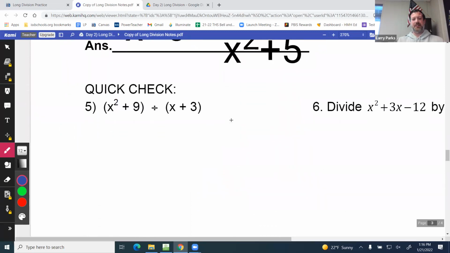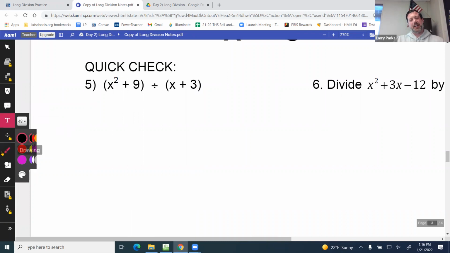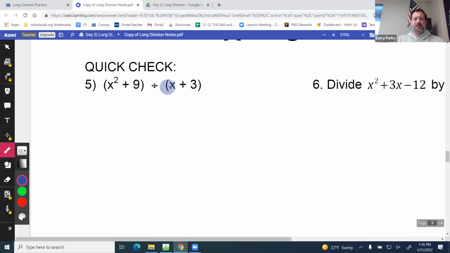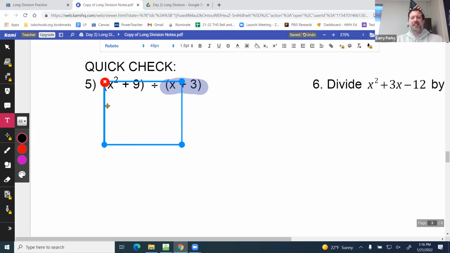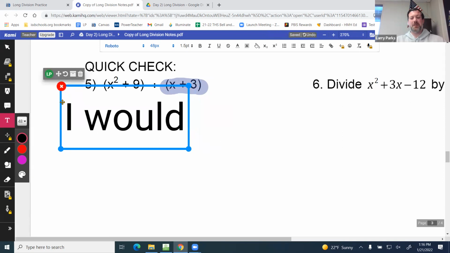All right, let's try 5. Actually, anytime you just have a variable with a number, there's a whole process. And if you're watching this video, I do give you permission, but I'm not going to put it anywhere in the notes.